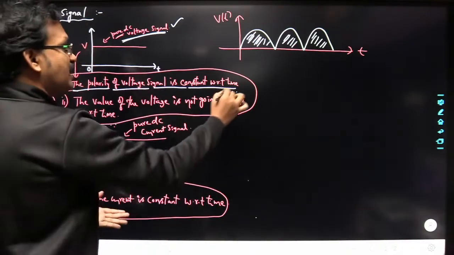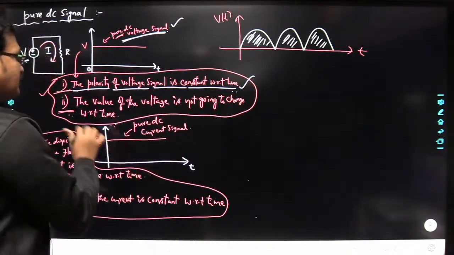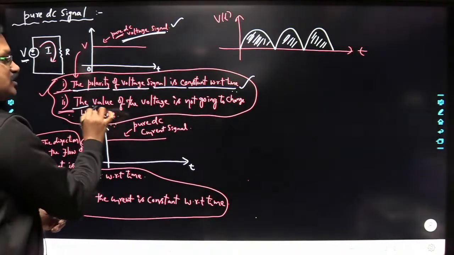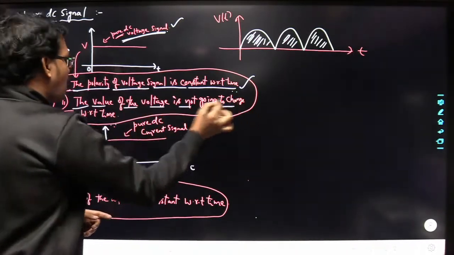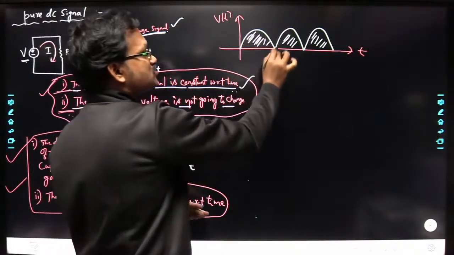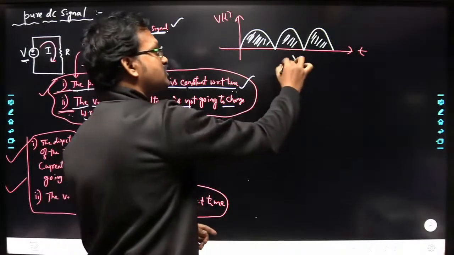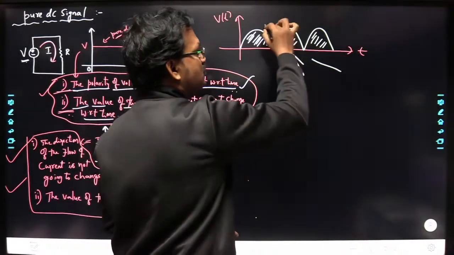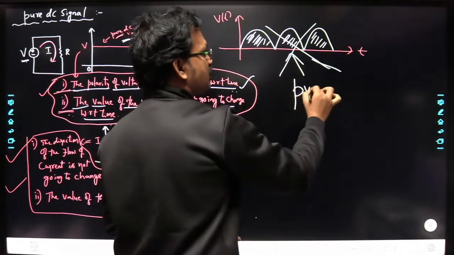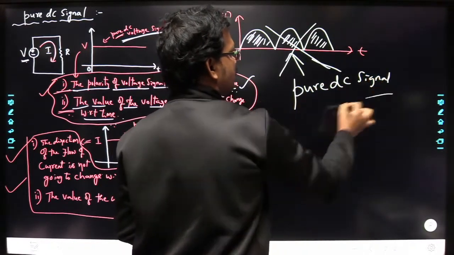So it is satisfying this condition, but it is not satisfying this condition, that is, the value of the voltage is not constant; it is changing with respect to time. Hence it is not a pure DC signal.